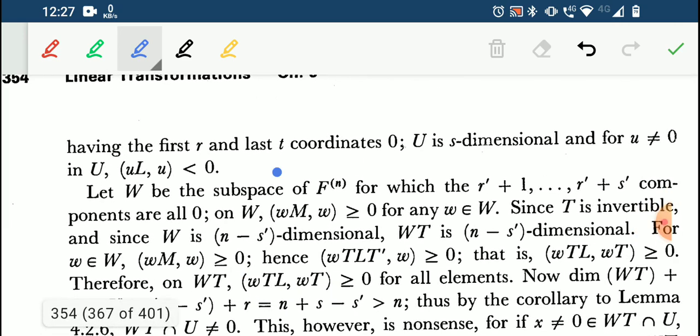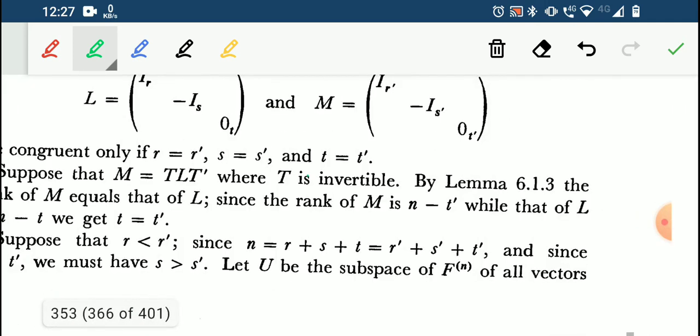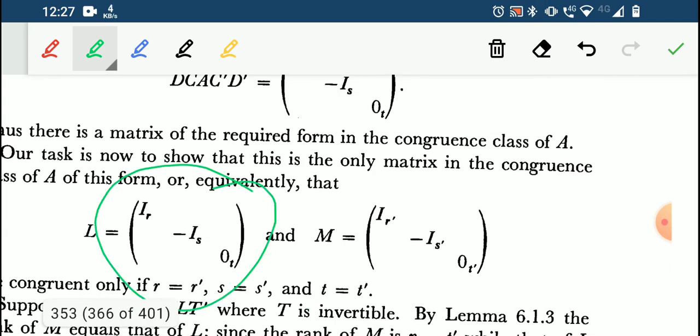What is this? This is a quadratic form, and (uL, u) will be something like this: first you multiply u with L, where u is given in the form we just talked about, and L is this matrix.